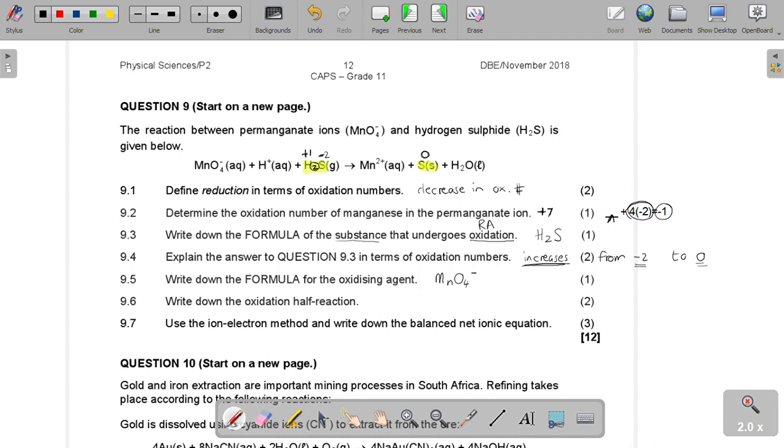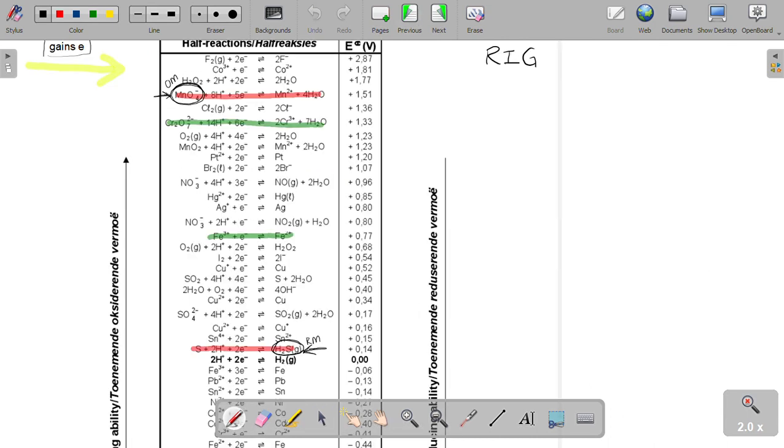Write down the oxidation half reaction. So as ons hierna toe gaan, previous page. Oxidation half reaction will be this one. Onthou, die reduseermiddel word geoksideer. The reducing agent is oxidized. So this will be the reactant, and those will be the products going from right to left.